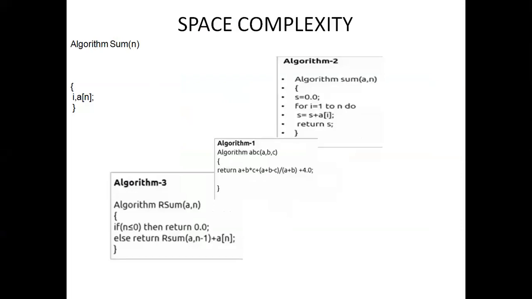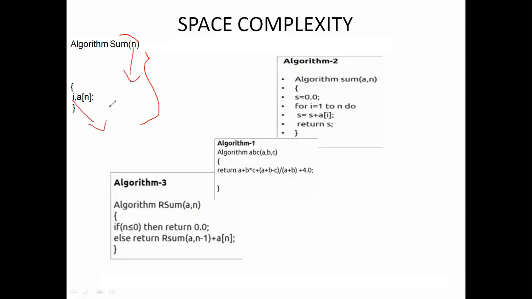See here, if you run this algorithm many times, the variables that do not change based on execution are the fixed part. If the size of the variable depends on the execution instance, we call it a variable part. In this example, n is fixed and i is fixed.